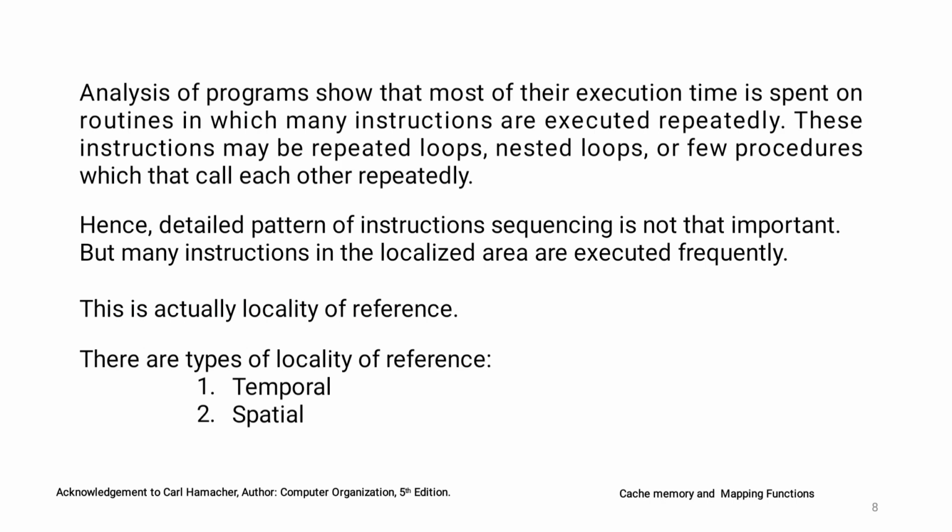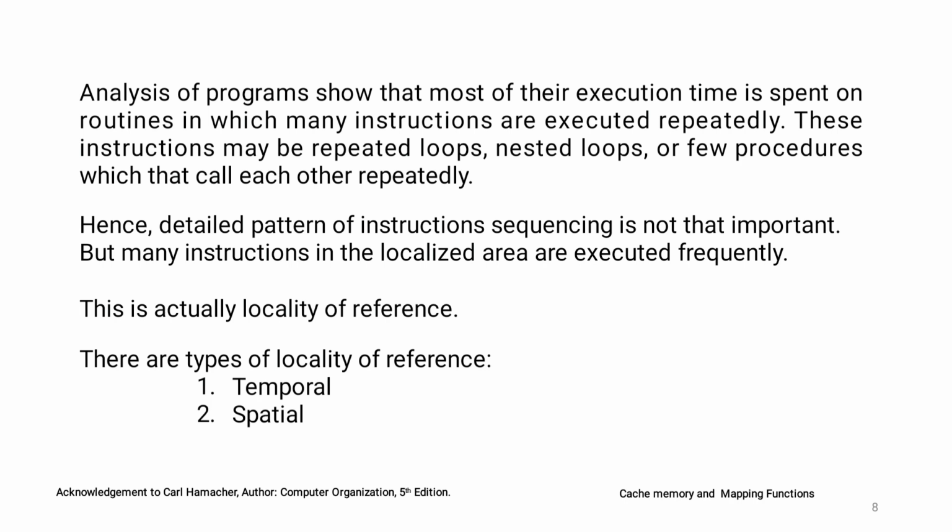Spatial means whenever an instruction from a program is brought, the chances of executing the other instructions nearby will be more. Hence, instead of fetching only one instruction from main memory into cache, a block of instructions or words must be fetched and copied into cache.